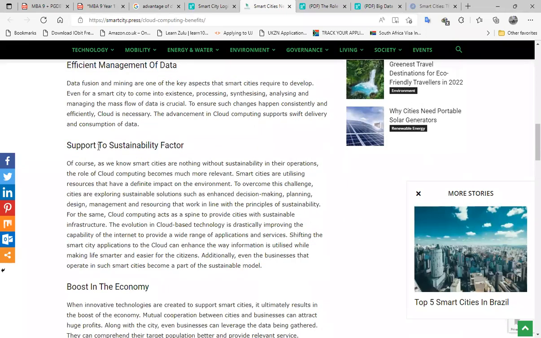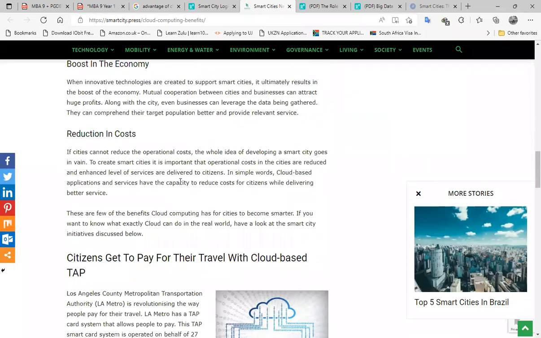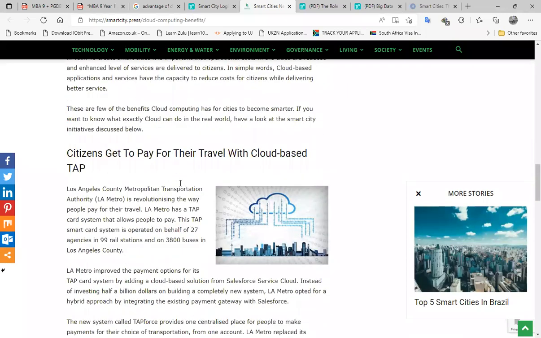Then support to the sustainability factor. Remember, this information is not in the study guide, so what we are discussing here is not the only way that you are to answer. You might even find another site or journal talking about something different.